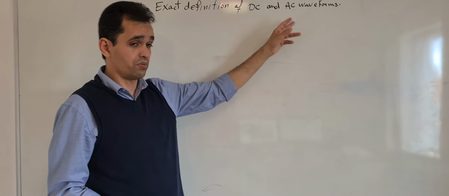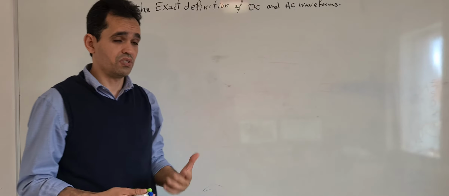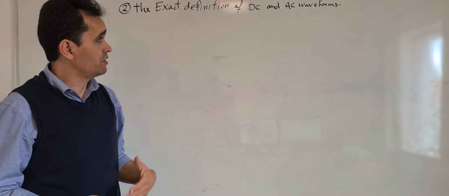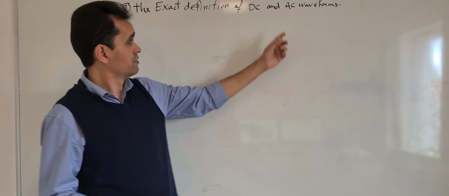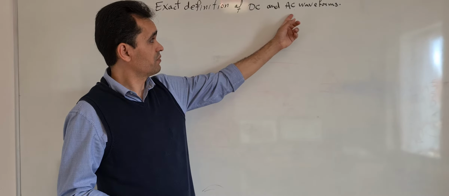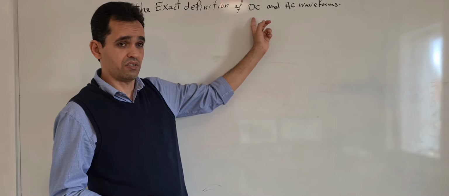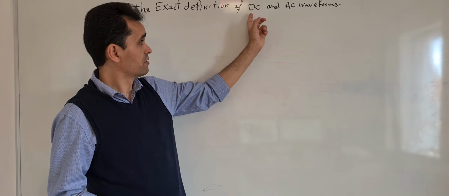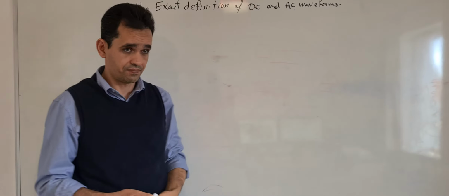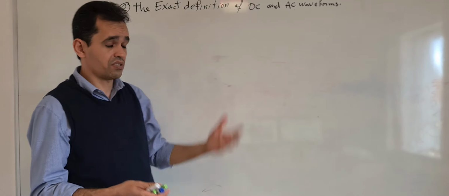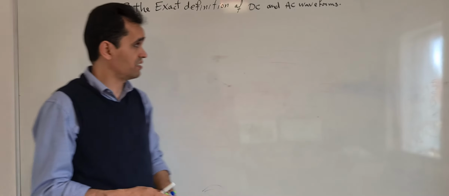So we need to distinguish between them, and we need to understand what happens to the wave to change from AC to DC, or from DC to AC. So let's have a clear definition of what DC and AC waveforms are.